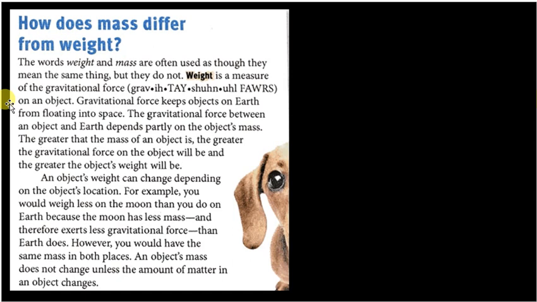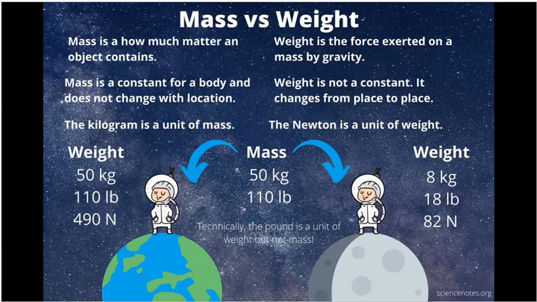What is happening is that when a person is on a planet, the planet has gravity. That's why we stay stuck to the surface. So weight is a measurement of how strongly that planet or that moon or that star is pulling on you or on someone else.